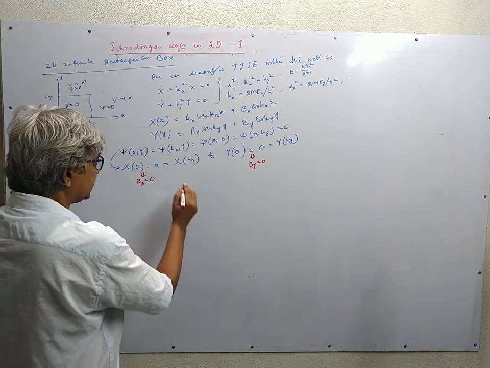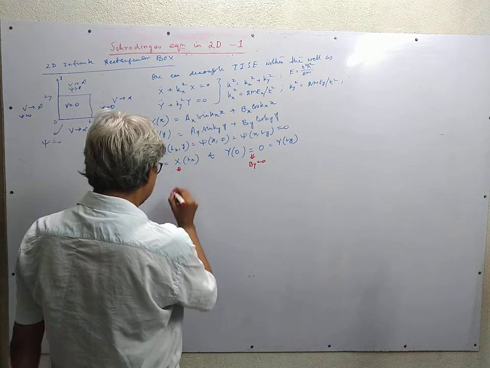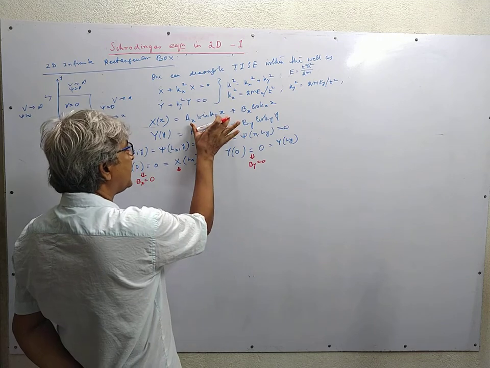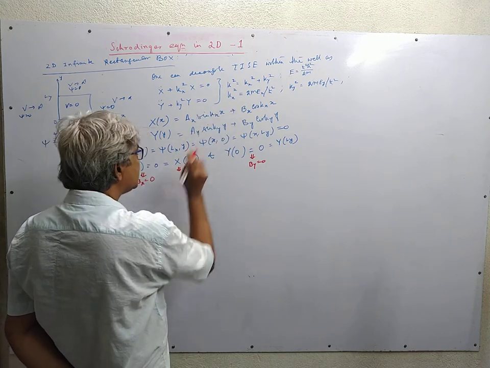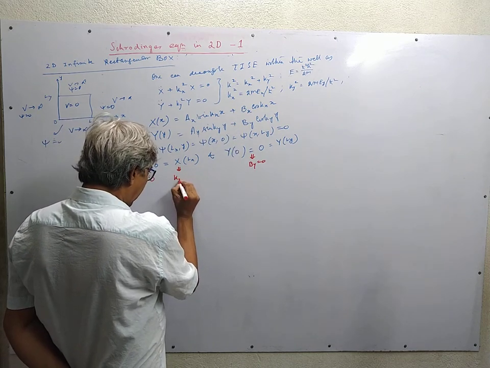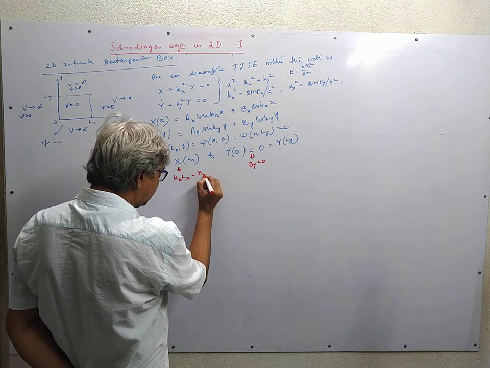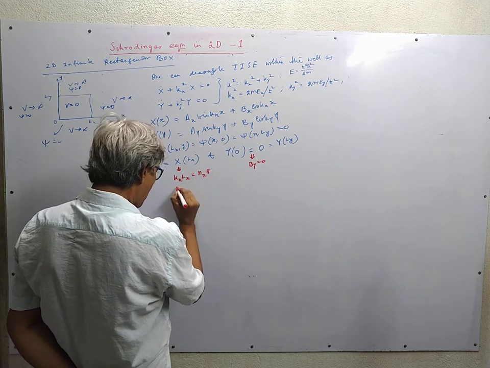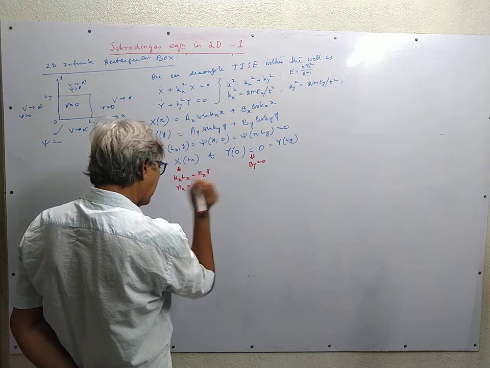And the other condition gives you the quantization. That is, it says that sin(kx Lx) = 0, so kx Lx is equal to some integer nx times pi, where nx is equal to 1, 2, 3 and onwards.